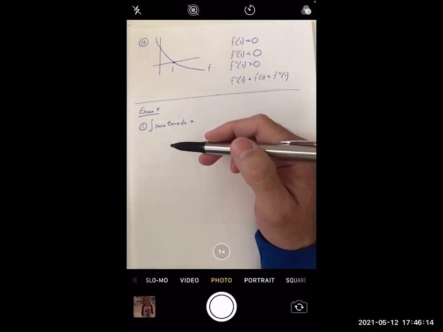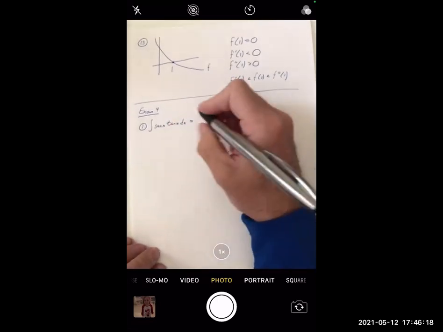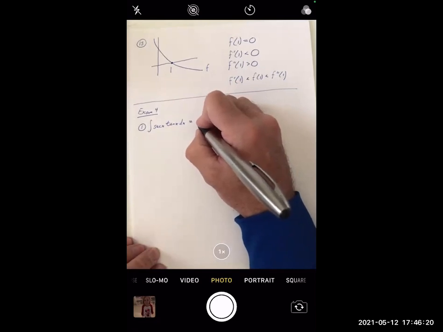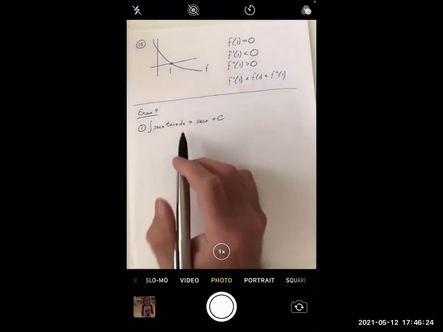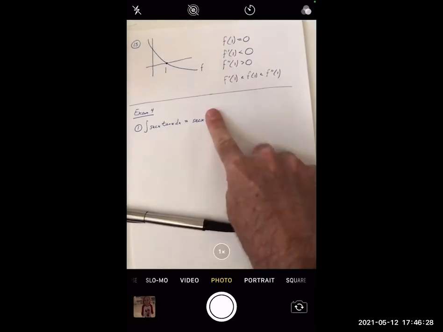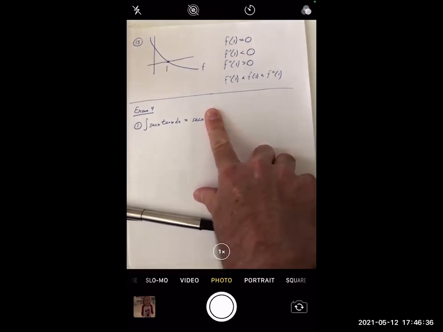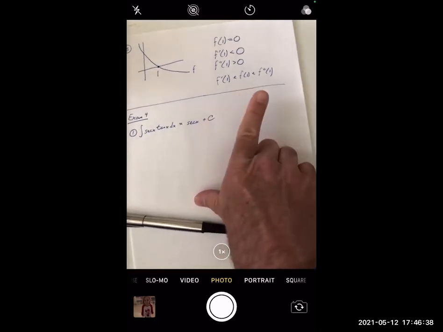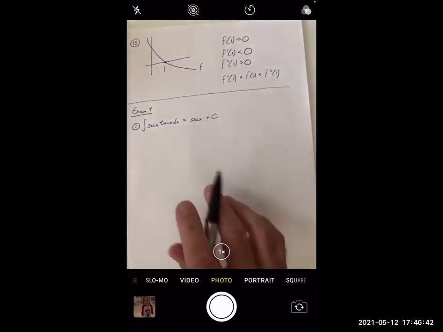We went over it in the notes and the videos. If it's an indefinite integral, if you integrate that, there is a plus C every single time you integrate. So if it's just secant of x, that can't be the correct choice. And if it was a free response, it took a point off because you left off the plus C. So the plus C has to be in there.